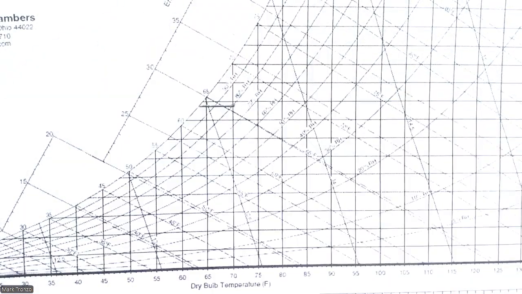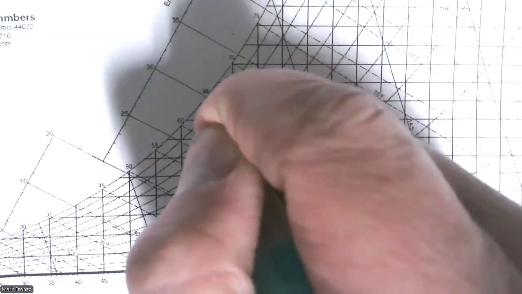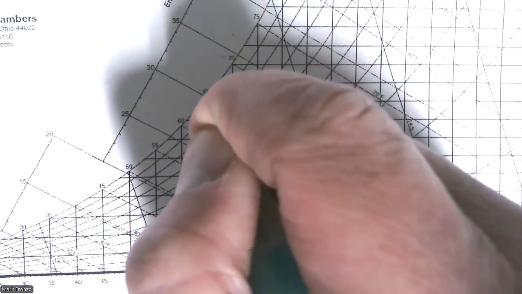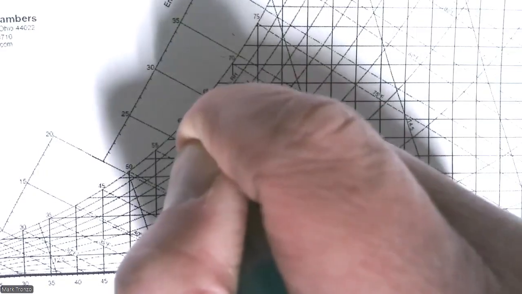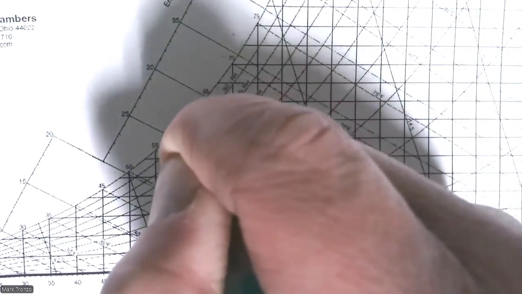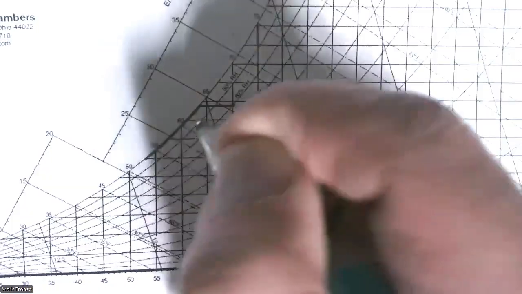And then we continue to cool all the way down to 40. So we'll continue along the saturation line, because water is going to be dropping out as we're cooling all along the saturation line.